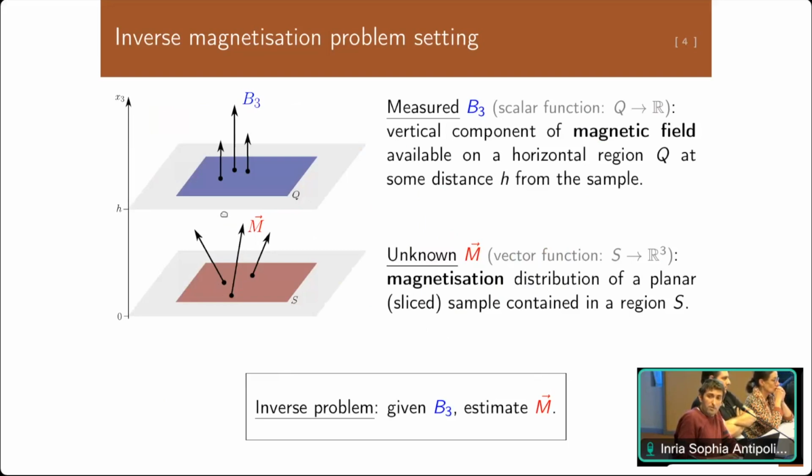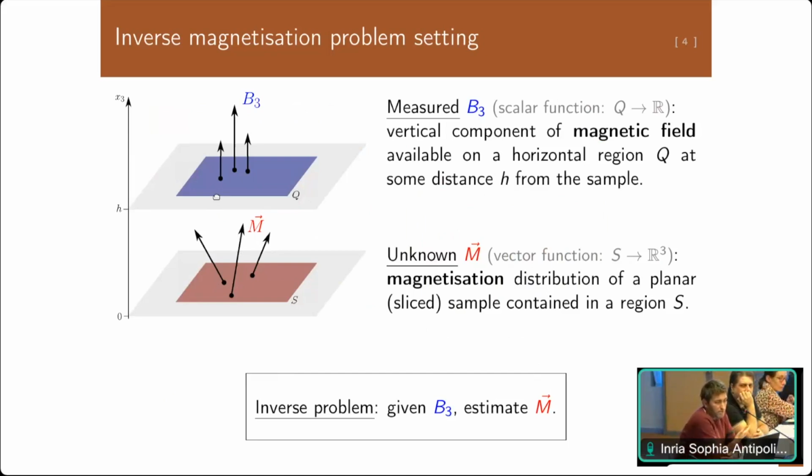At some lift h, so at some distance h, the magnetic field is measured, and the particularity of the setup is that only one component of the magnetic field can be measured. So it's only the vertical component of the field that is measured in this horizontal plane.